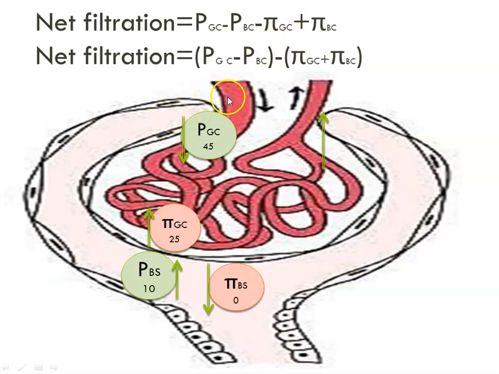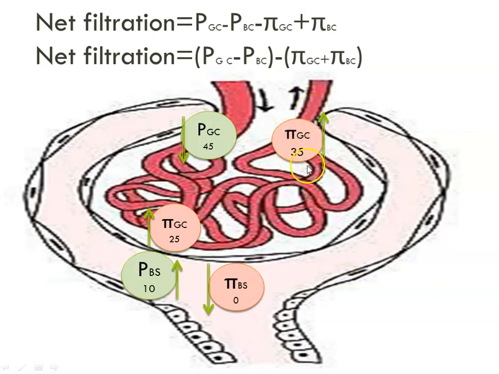Now you have to know the hydrostatic pressure in the afferent arteriole is 45 and the hydrostatic pressure towards the efferent arteriole is also 45. But the oncotic pressure from the afferent arteriole is 25. When the plasma gets filtered through the filtration membrane, the oncotic pressure increases towards the efferent arteriole because the plasma proteins get concentrated. These plasma proteins exert more pressure towards the efferent arteriole.